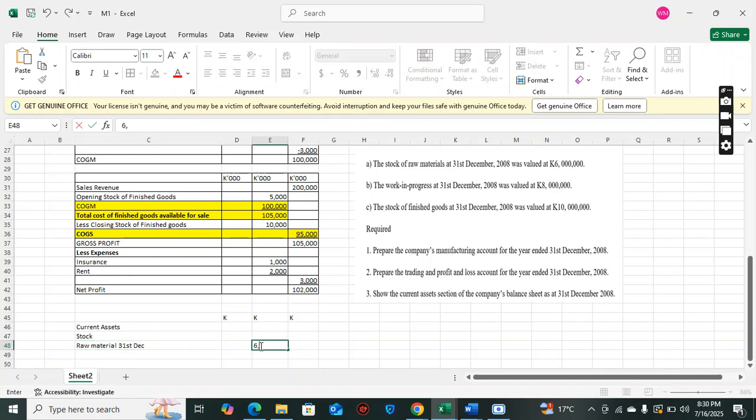The stock of raw materials, 31st December, 6,000, which is 6 million.